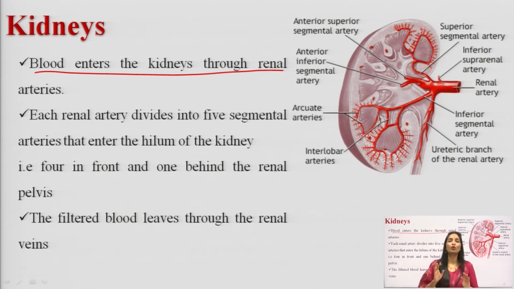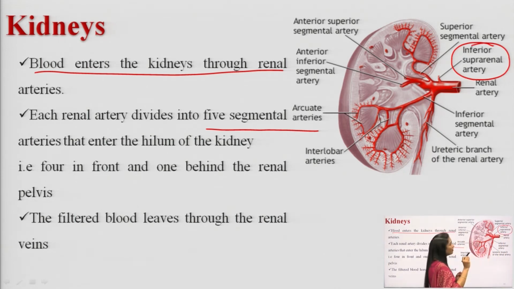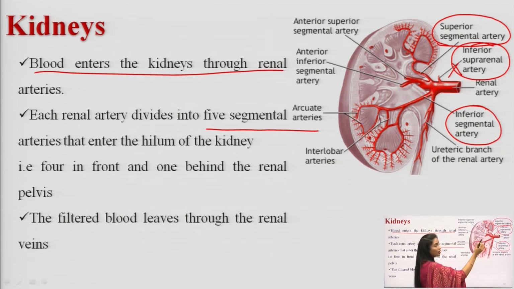So, we have 5 important segmental arteries. What are the 5 segmental arteries? Look here. Forget about the inferior suprarenal artery.